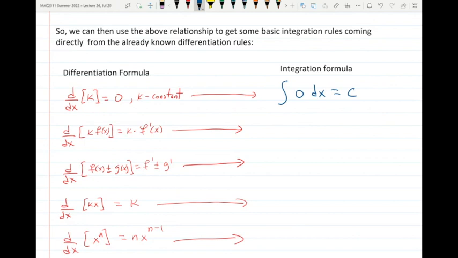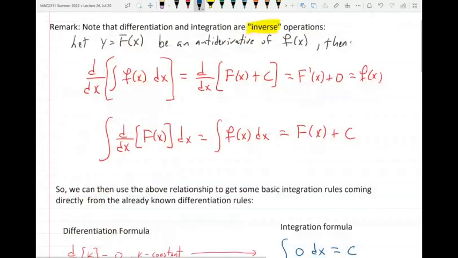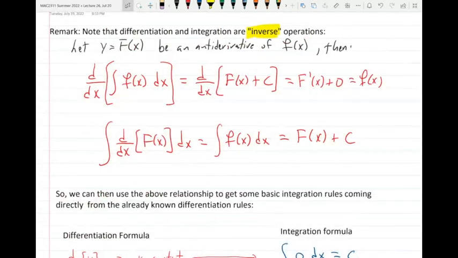Does that make sense? And by the way, this actually tells you how you can check if your work is correct. Whenever you compute an antiderivative, whenever you do an integral, if you want to know if you did it correctly, take the derivative and you have to get the original function. If you don't get the original function, then you did something wrong. Because when you take the derivative of your integral, you will get the original function.